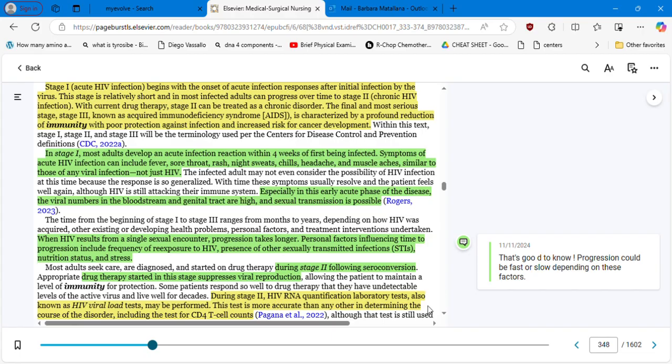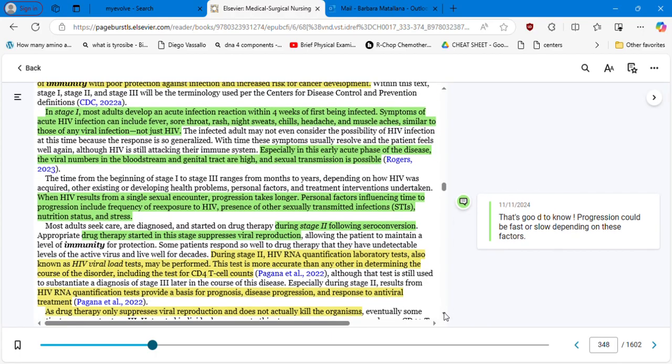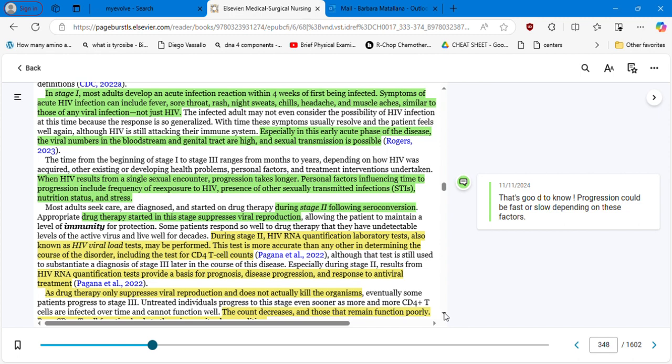So when HIV results from a single sexual encounter, progression takes longer.